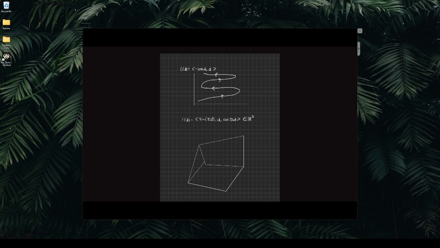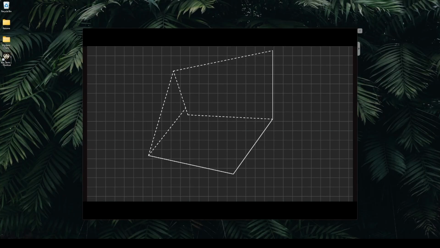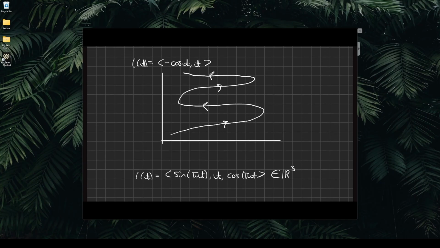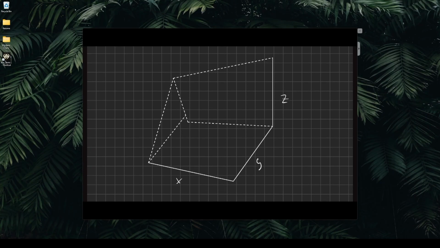But in R3, what this is looking like is, I guess we should say this is probably X, this is Y, and this is Z. We're going to have this spiral again, that we got from the first one. But rather than it looking like a spring, it is going to actually look like a spiral. So it'll be probably something like this, on and on and on.